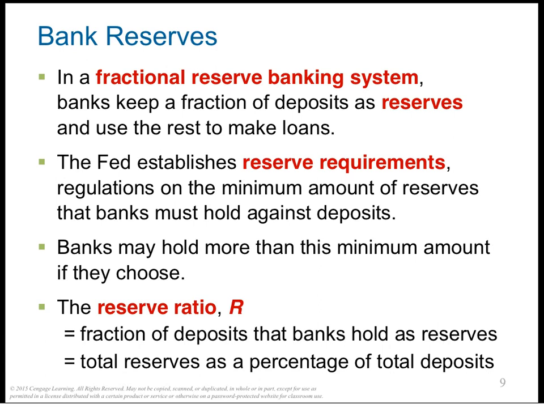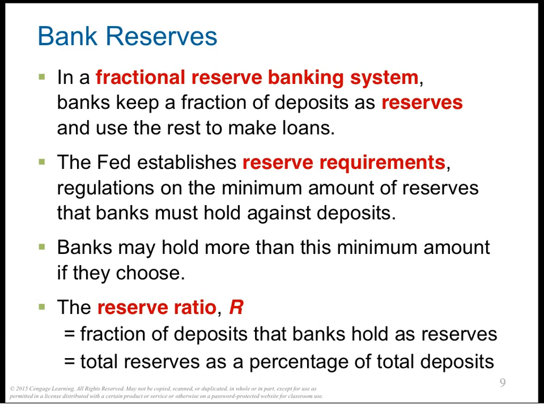Before we start how banks create money, I want to talk about a couple of definitions. The first one is the fractional reserve banking system. In a fractional reserve banking system, banks keep a fraction of deposits as reserves and use the rest of it to make loans. So let me clarify what a reserve is. Let's say you have $100 in your hand and you deposit this $100 into the bank.